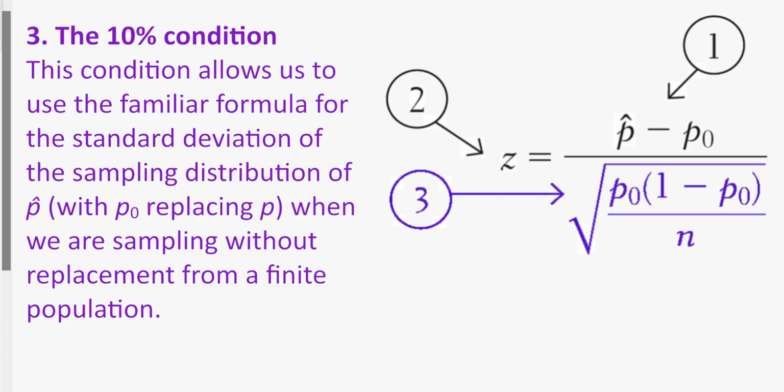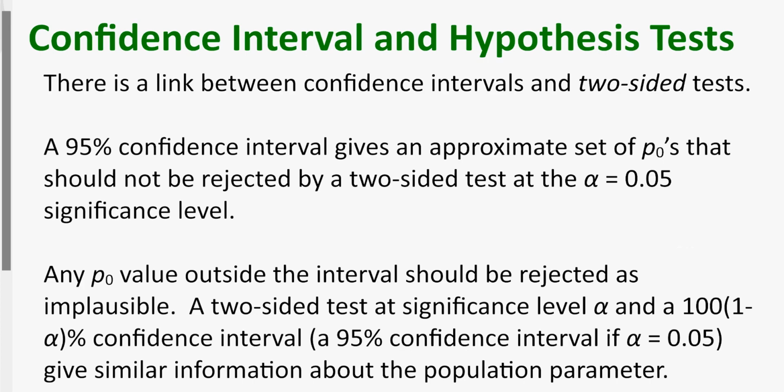Now, I want to get into an example, and it's going to be a little bit different. Actually, before we do that, I want to shout out to this. We've talked a little bit about the connection between confidence intervals and hypothesis tests. There is a link between confidence intervals and two-sided hypothesis tests in particular. So a 95% confidence interval does give you an approximate set of population proportions that should not be rejected by a two-sided test at the 0.05 level.